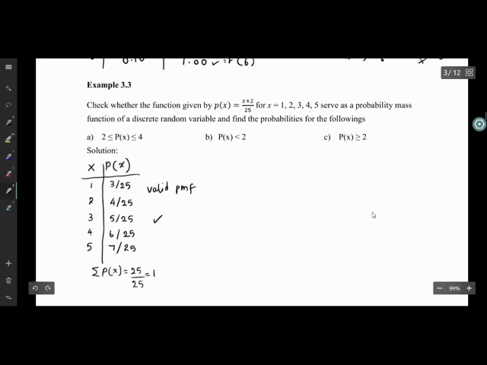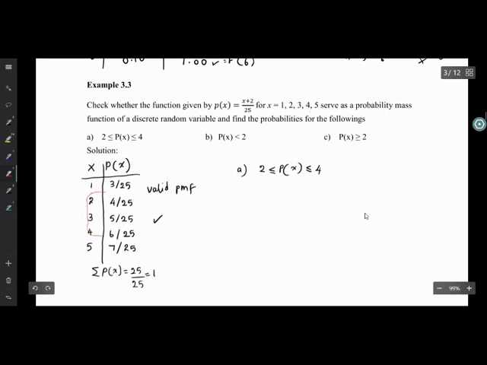Okay. Now let's see how we can calculate these asked probabilities. The first one is the probability that x can contain values from 2 to 4, including 2 and 4. You can see the equal sign, less than or equal, less than or equal. So that will be 2, 3, 4, right?